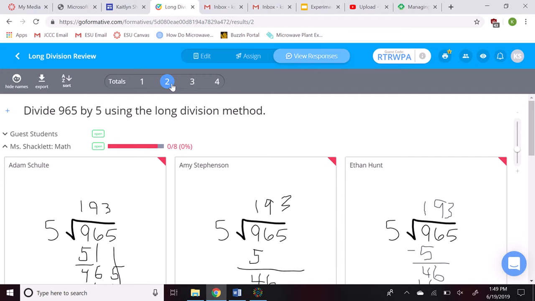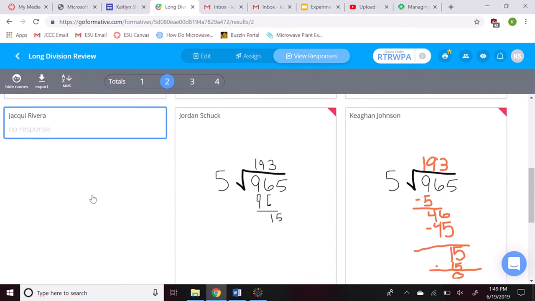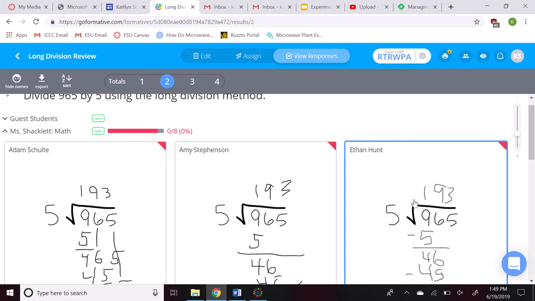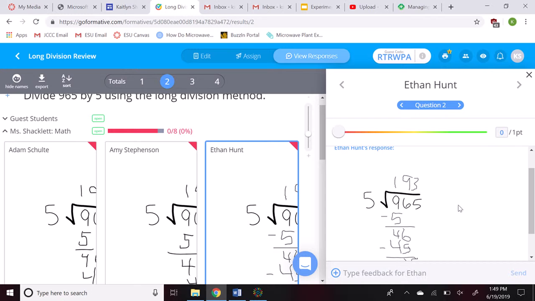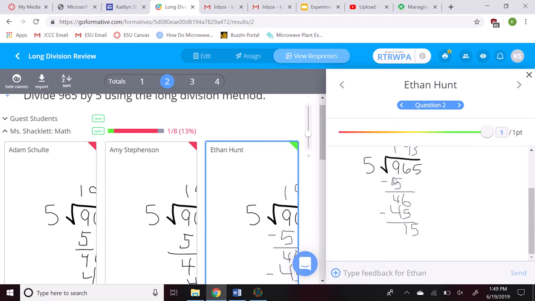On the second one, I'll just go through to make sure everybody got it right. Let's use Ethan as an example. 193 is the correct answer because 5 goes into 9 one time, and that's how we got 5. 9 minus 5 is 4. We brought down our 6, and so on.